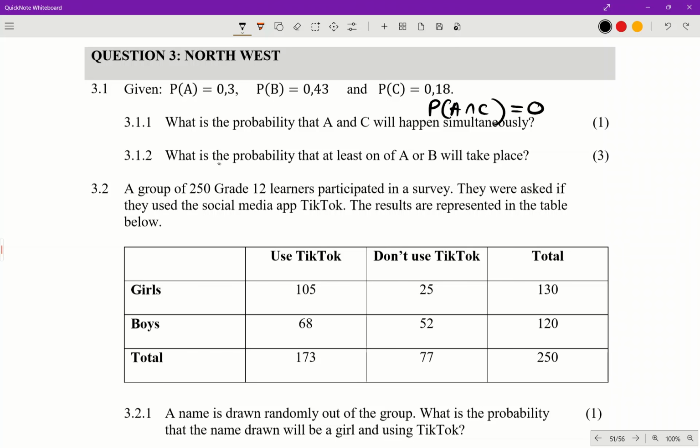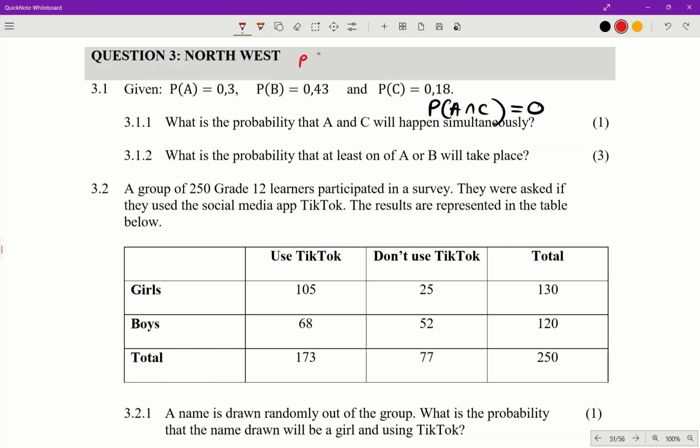So now, what is the probability that at least one of A or B will take place? Remember, to find the probability for the union, we can find it using this golden rule.